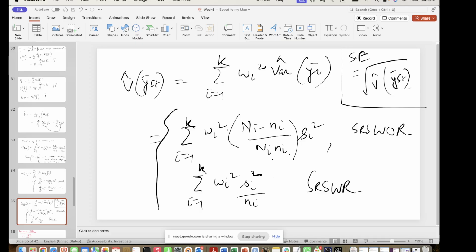Now from this equation we can see that strata should be such that within strata it should be as homogeneous as possible, and between strata there should be as much of a difference as possible. So Si square is actually computing how much variation there is within each stratum. The lower that would be, the better we would have the population as a stratified one.